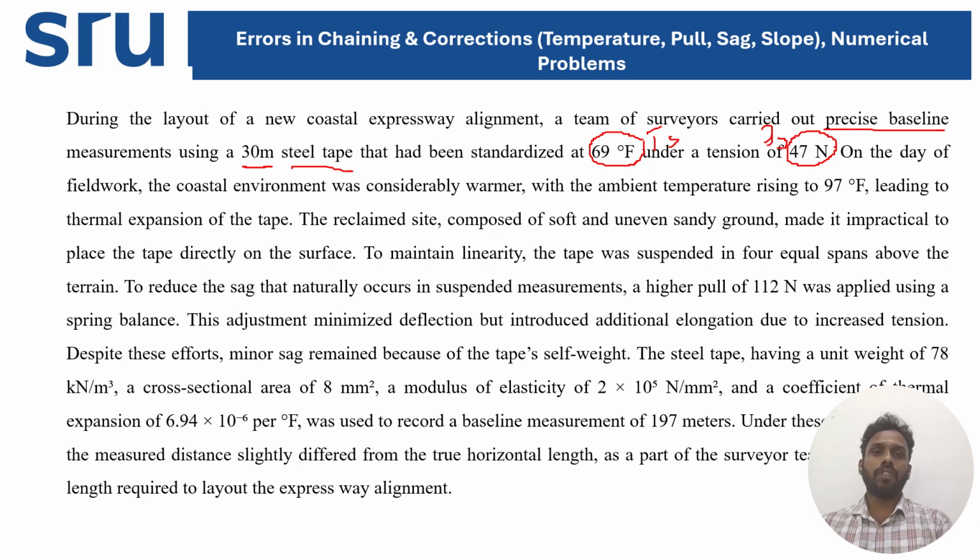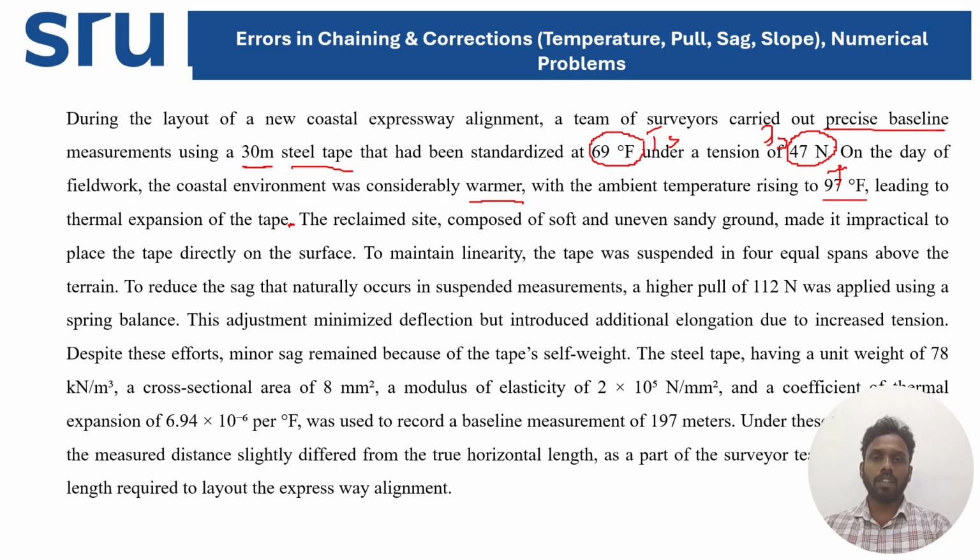On the day of field work, the coastal environment was warmer than your standard temperature, with an ambient temperature rise to 97 degrees Fahrenheit. This is your TA. Your TA is greater than your TS, leading to thermal expansion of your tape. Due to increased temperature, your tape is expanding. The site, composed of soft and uneven sandy ground, made it impractical to place the tape directly on the surface.